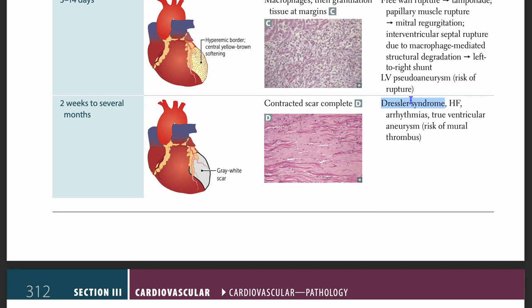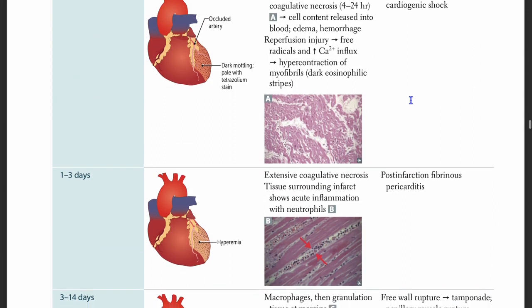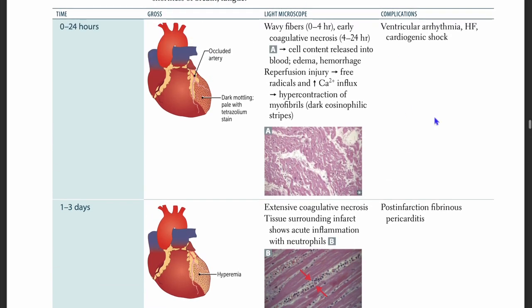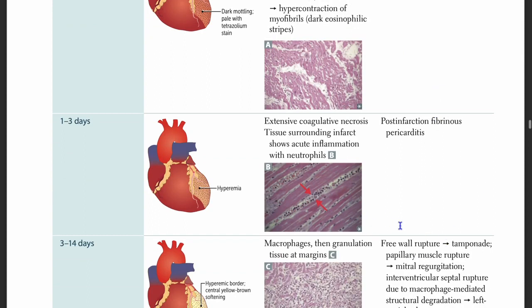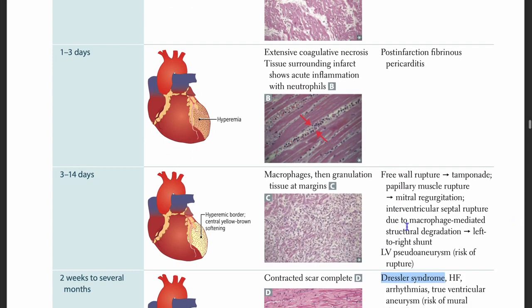So the first thing you can get in the complications is reperfusion injury, then the free radicals, then the dark eosinophilic strips for this one. Over here you can have post-infarction fibrinous pericarditis. Then here you have free wall rupture on every side: on the left ventricular wall, in the septum, or in the muscles that control the valves.